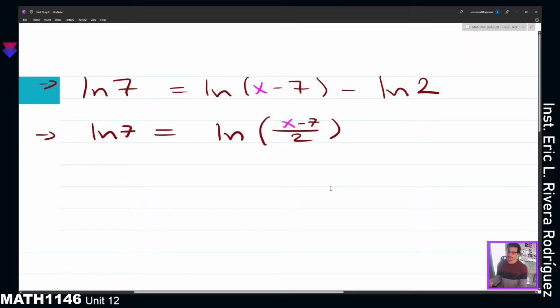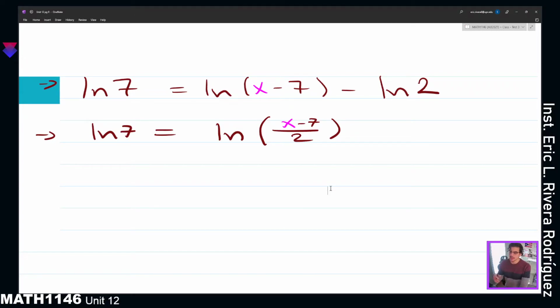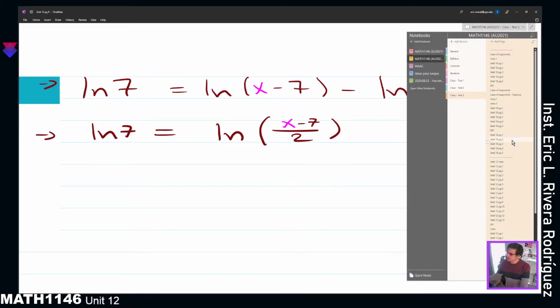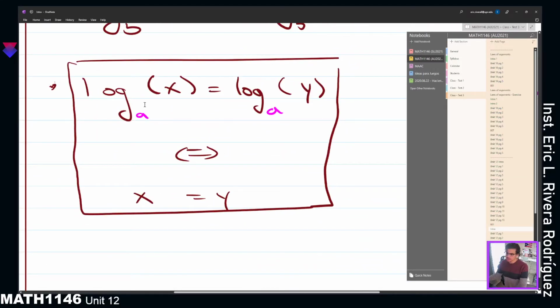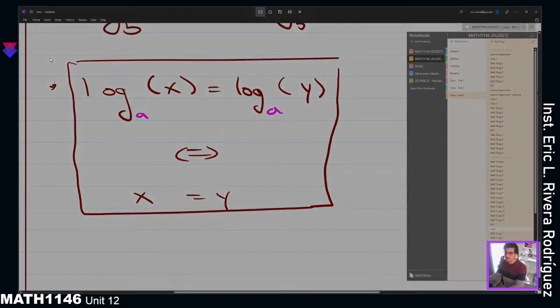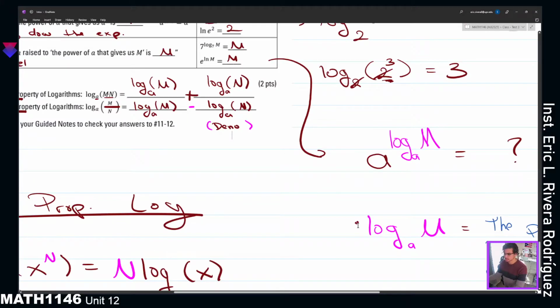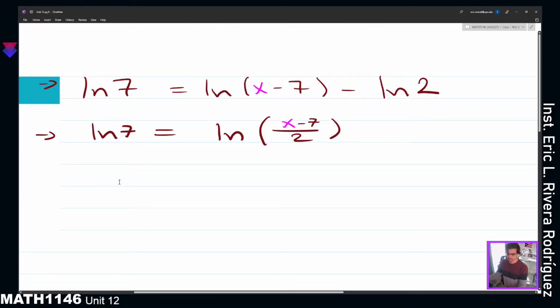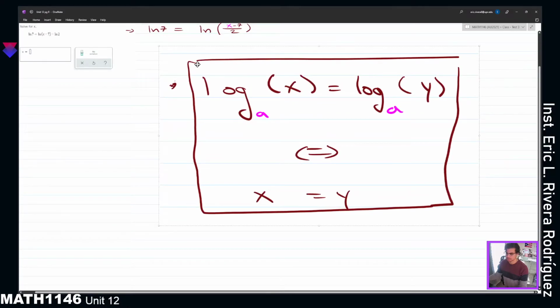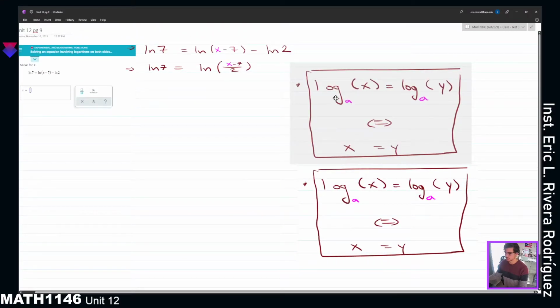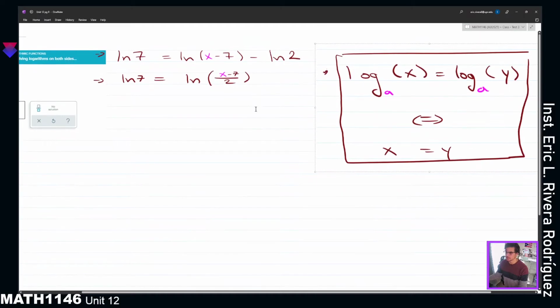At the beginning, I wrote this property, and I want to use it to solve this equation.